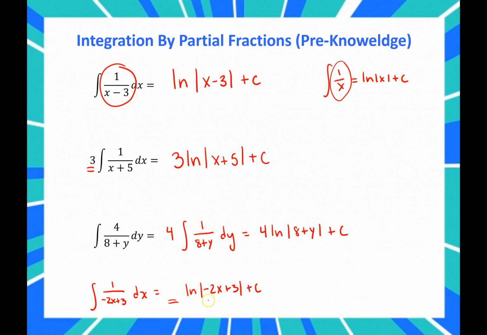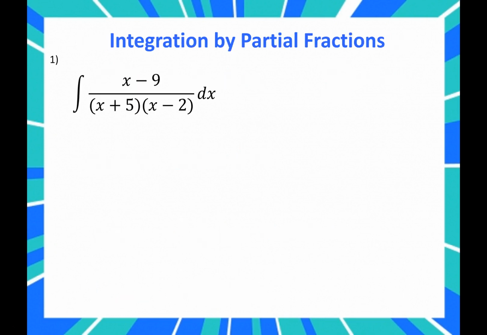Well, the derivative of negative 2x plus 3 is negative 2. We need to cancel that out, so you would do the reciprocal of that number, which is negative 1/2. Now, like I said, that won't be on a test, it won't be on a final, it won't be on a quiz. You might see it on your practice, so just heads up on that.